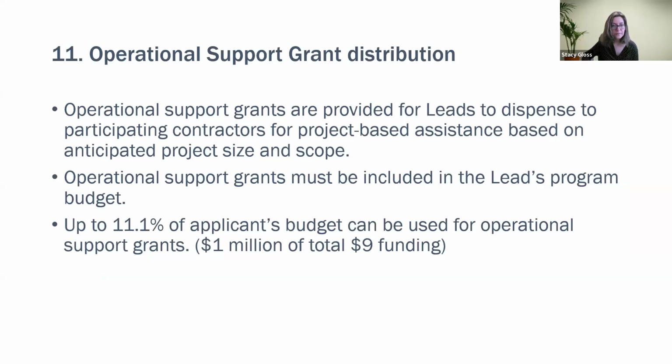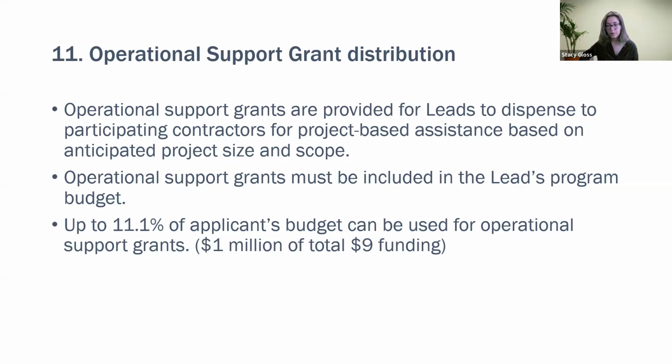Operational support grant distribution. The program leads will dispense a participant's awarded operational grant funding based on anticipated project size and scope. Operational grant funding should be included in the applicant's budget. Be sure to pay close attention to the NOFO requirements related to budgeting for this program.